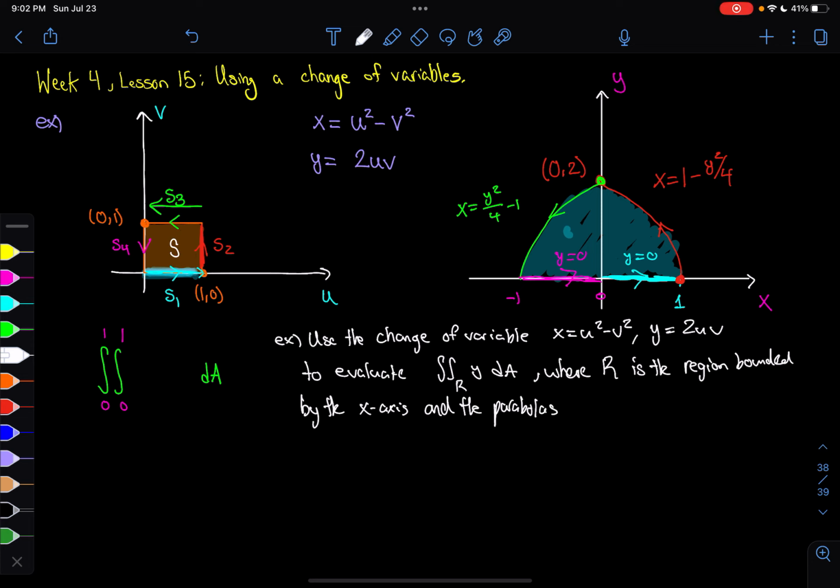Which parabolas do you think? x equals 1 minus y squared over 4, and x is equal to y squared over 4 minus 1.